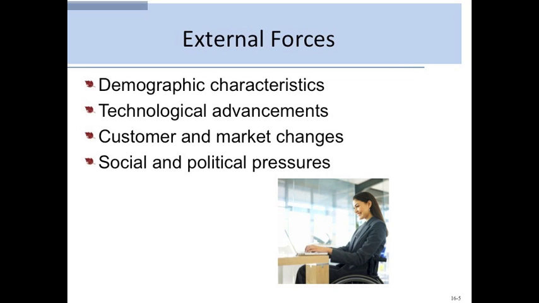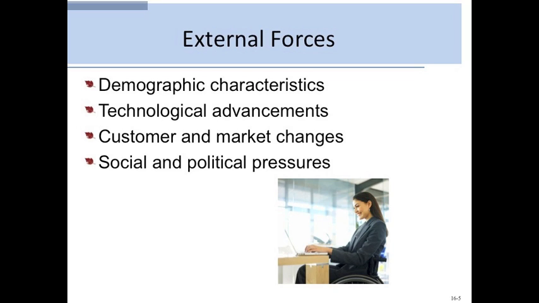Technological advancements, of course, the use of the internet. Most companies now use technological advancements to benefit them, to help them reach a greater number of customers, and also to improve their efficiency and effectiveness within their organization. Technological changes can definitely motivate and influence an organization to change the way they do business. Customer and market changes.